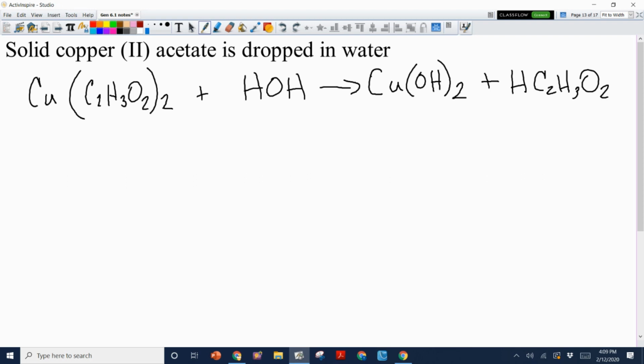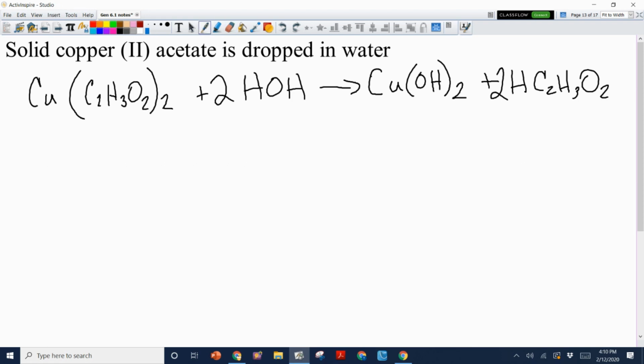All right, 1 copper on the left, 1 copper on the right. 2 acetates here, so I need 2 acetates here, so I need to put a 2 here. Okay, 1 hydrogen here, 2 hydrogens there, so I need to put a 2 here to make 2 hydrogens, 2 hydroxides here, 2 hydroxides here. All right, so there's my balanced equation. Can't do anything without a balanced equation first. So please don't forget that like I almost did.